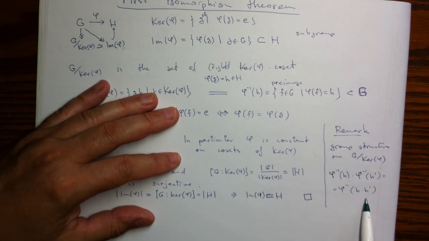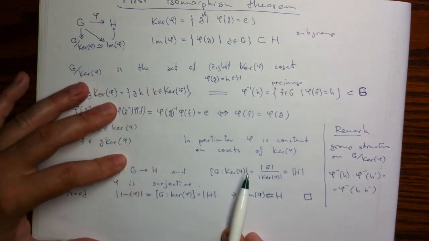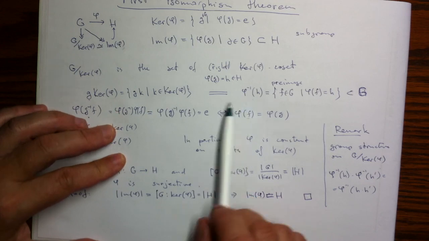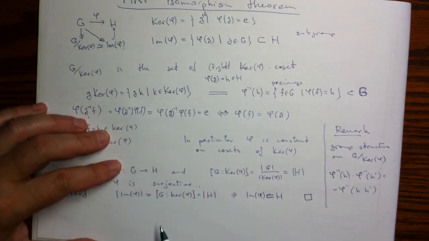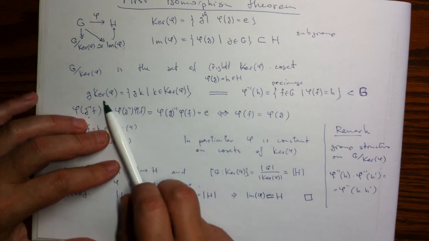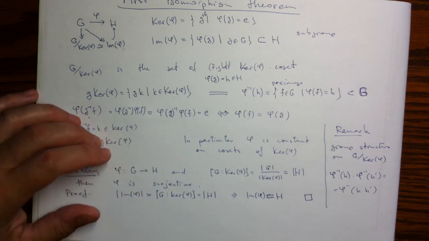Not surprisingly, their product will be always mapped to h times h prime. So we have this obvious operation of multiplication on subsets which are preimages, but now we describe them as cosets, and so we have this operation on cosets which gives rise to the construction called quotient group. So that will be discussed in another video.